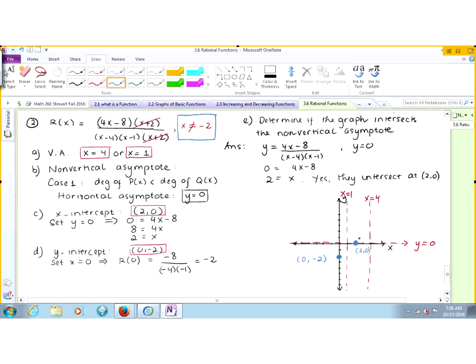If I ask you what is the zero of this function? X equals 2, right? Okay, good. Now, if you want to choose some points, you can. So, for example, what happens when x is equal to 3, etc.